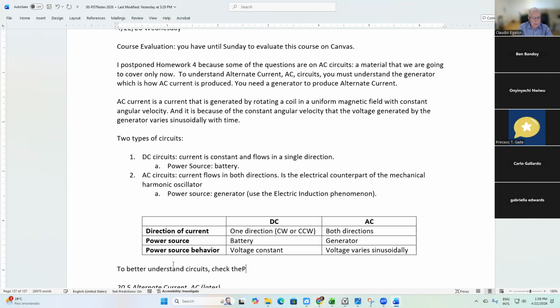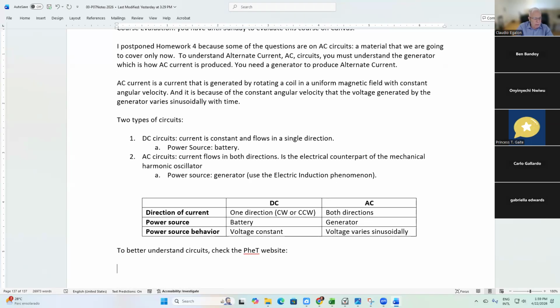Check the PhET website. In case you cannot play with the actual circuit, play with a simulation of the circuit.